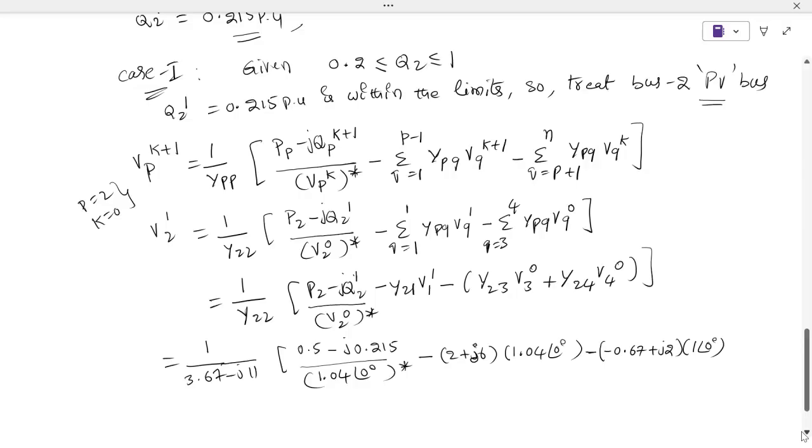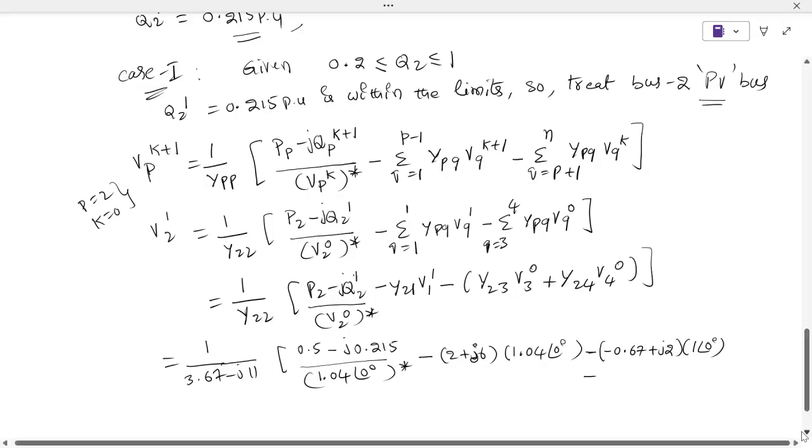Plus, now I am substituting for this, plus minus, because this minus into this one, minus into plus is minus.